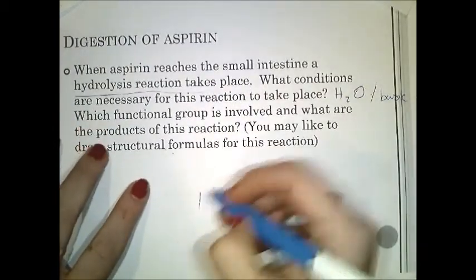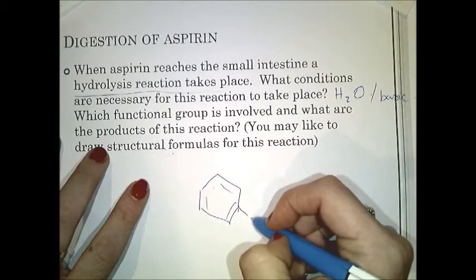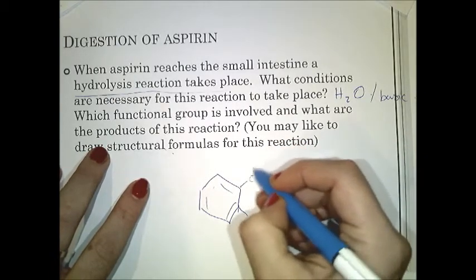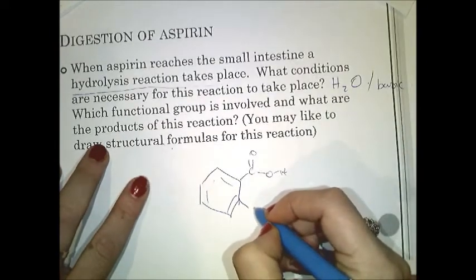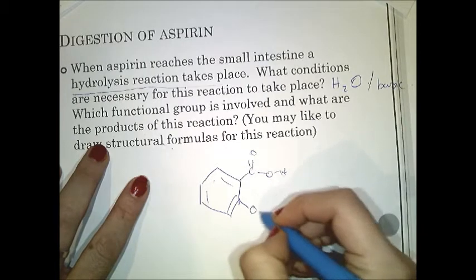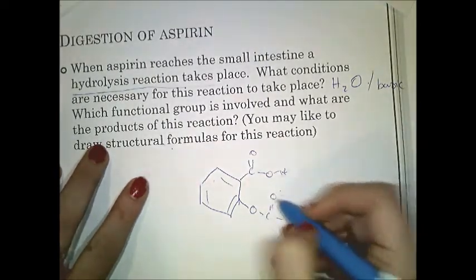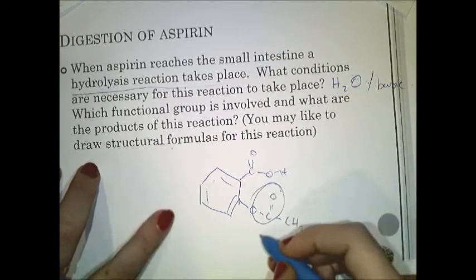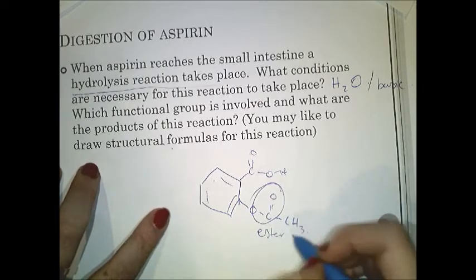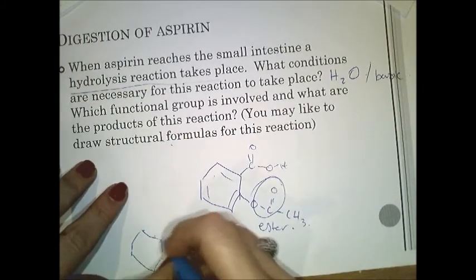Okay, so let's have a look at what aspirin looks like. And we've got here the untouched carboxyl, and we have here OC. So what functional group is involved and what are the products? This is the functional group involved, the ester functional group, and the products are salicylic acid.